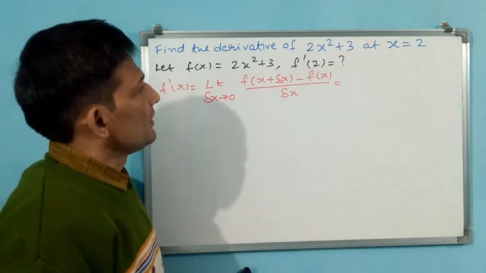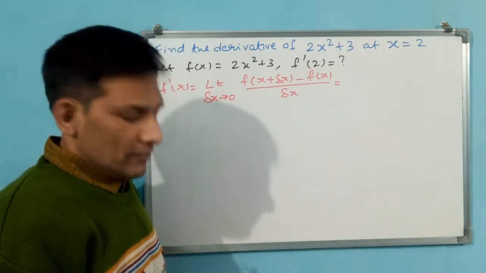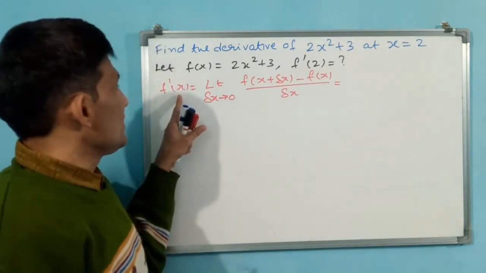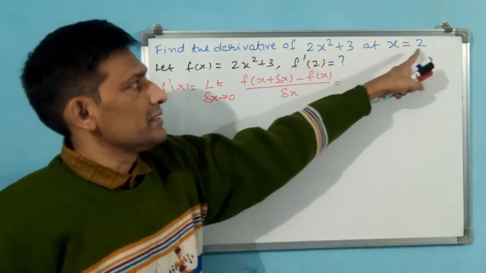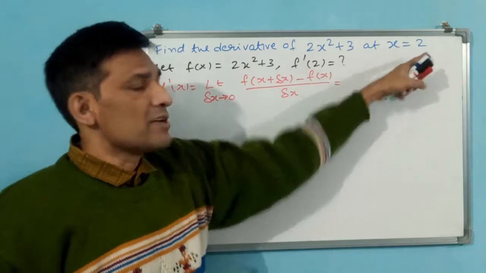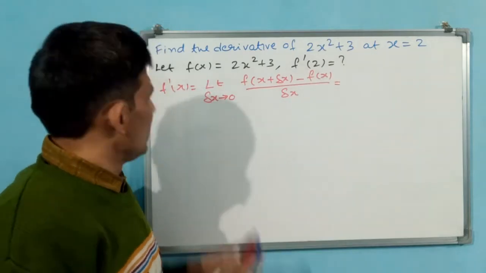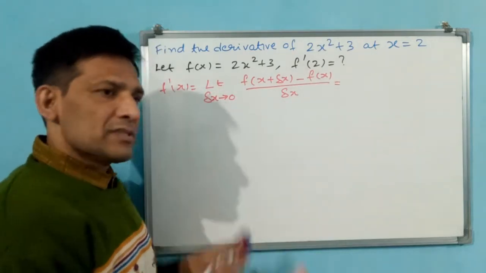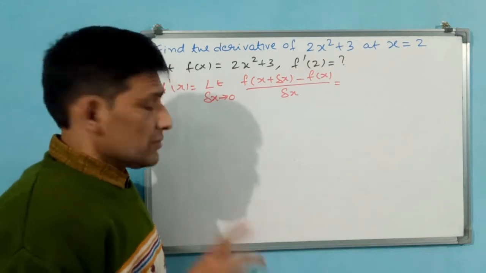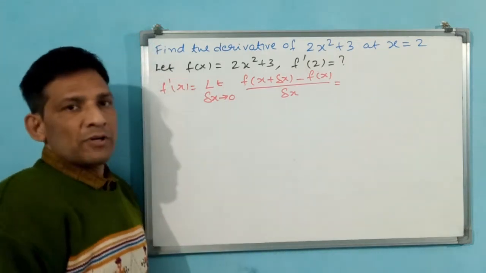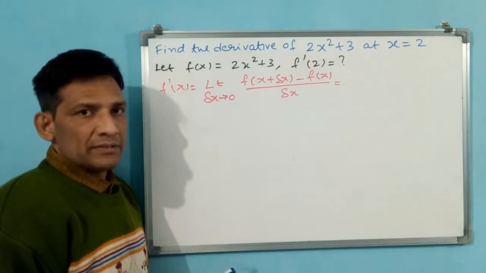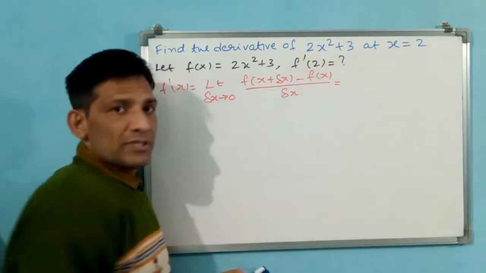First you see the formula. This is for f dash x, but we want f dash 2, keep that in mind, because they asked us to find the derivative at x is equal to 2. Let us find f dash x, then we will substitute x. Applying the limit of delta x we have to do at last. Keep that in mind, before that only substitute this x.